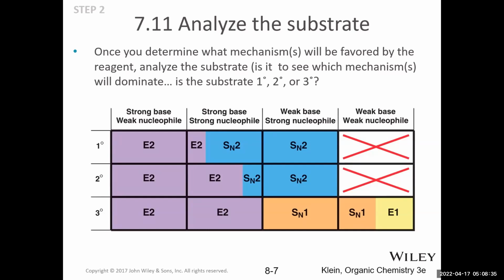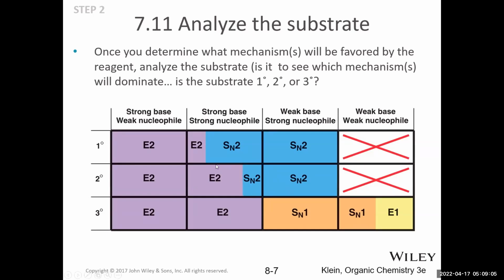Then it does matter definitely the structure of the alkyl halide. If it's a tertiary substrate, it will only undergo E2, because recall that SN2 reactions do not operate on tertiary alkyl halides because of steric hindrance and the backside attack requirement. Even on secondary substrates, SN2 reactions are fairly slow.